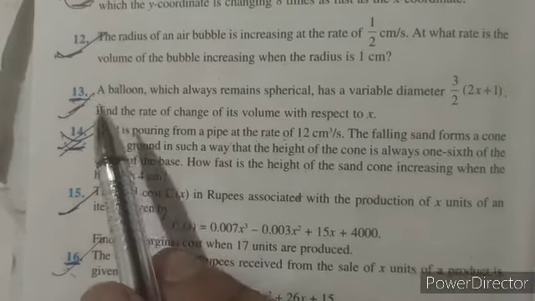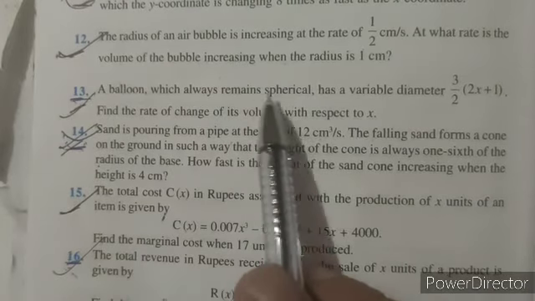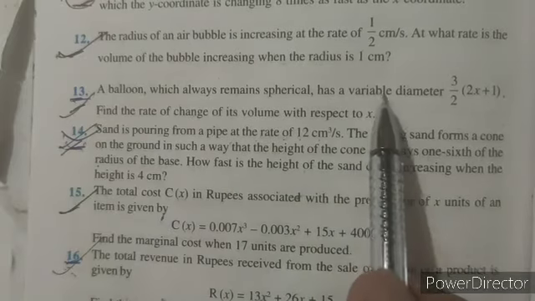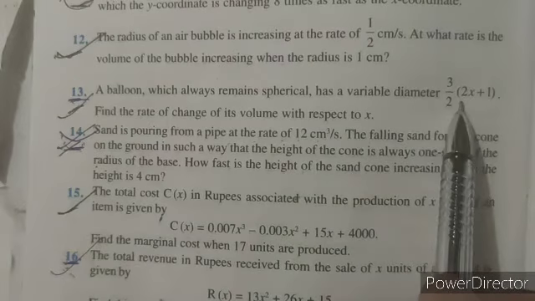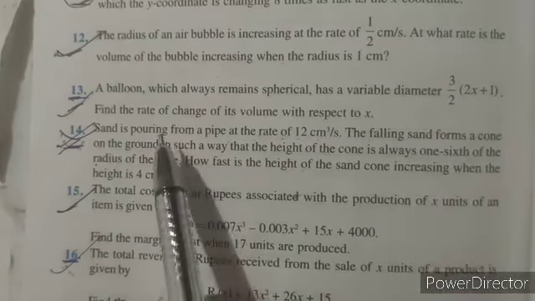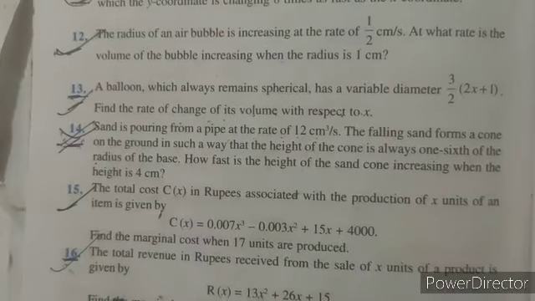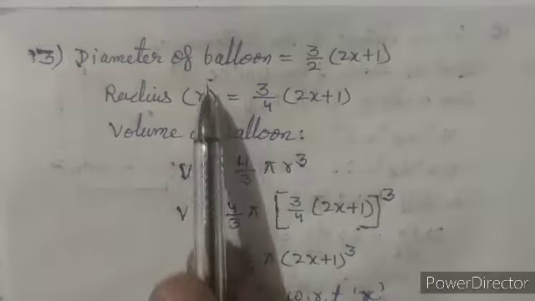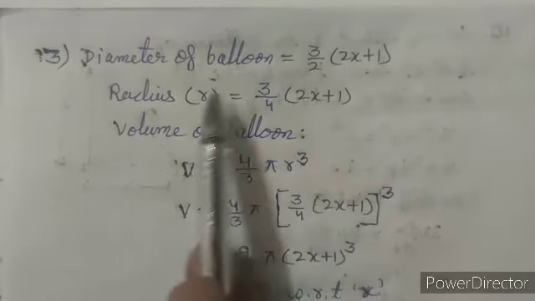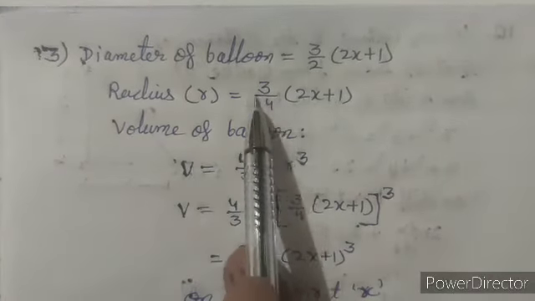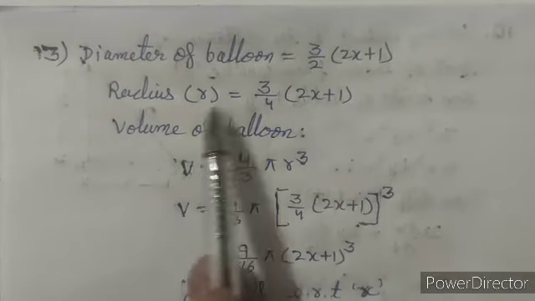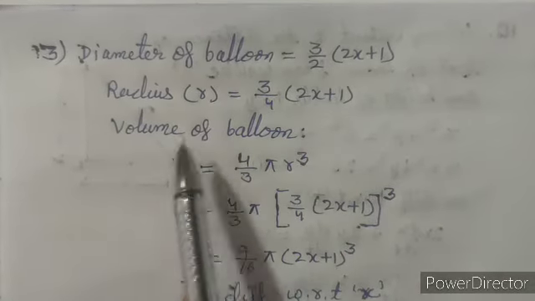In question number 13, a balloon which always remains spherical has a variable diameter 3 by 2 into 2x plus 1. Find the rate of change of its volume with respect to x. Now diameter of a balloon is given to us, so radius will be 3 upon 4 into 2x plus 1. Here I have taken radius as r.